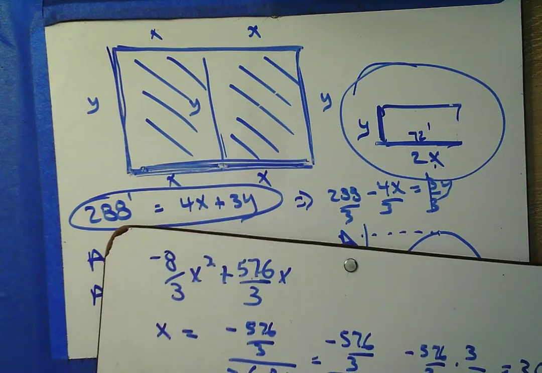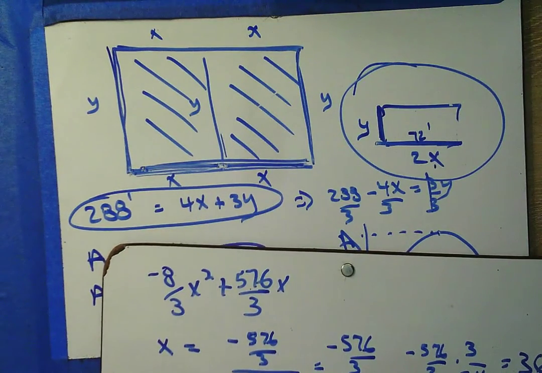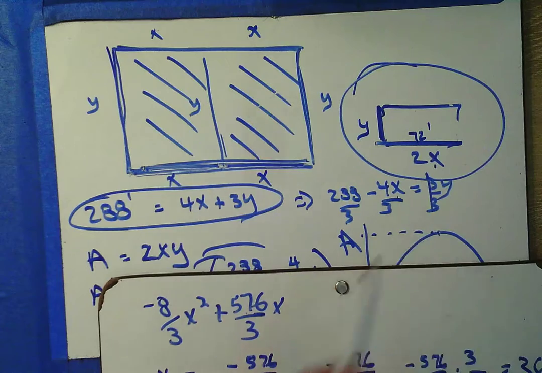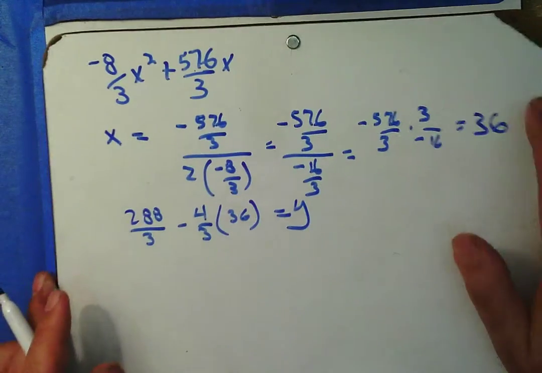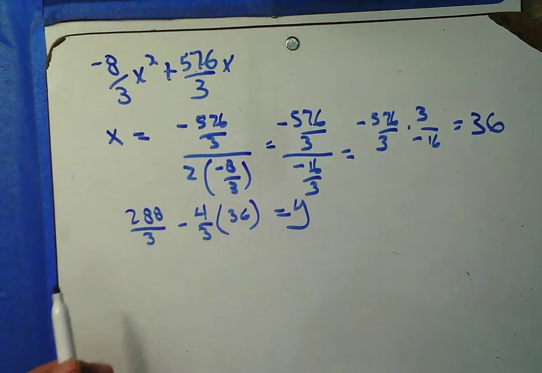So we're going to have to plug in our x value of 36 in here. So 288 over 3 minus 4 over 3 times 36 equals our y value.